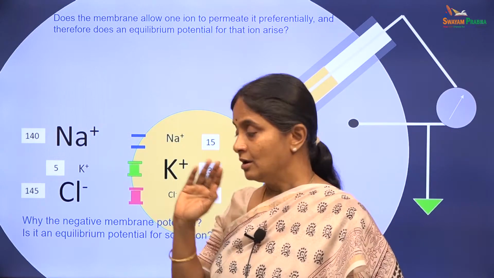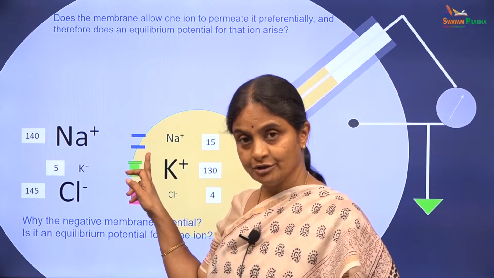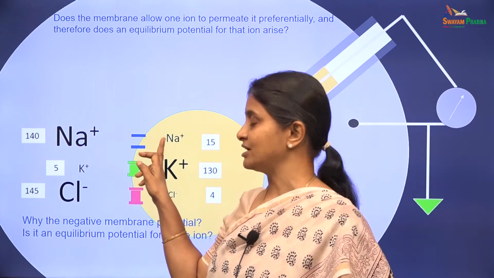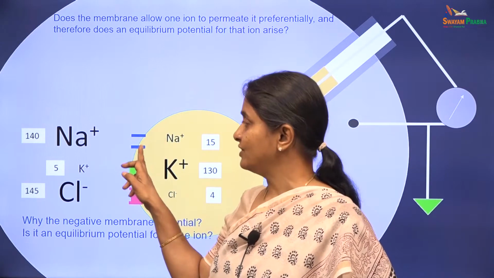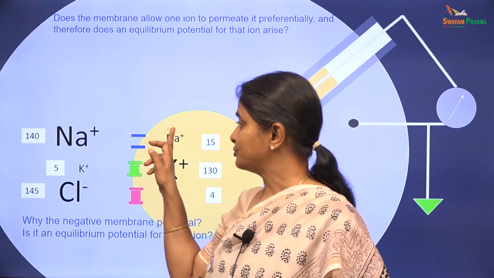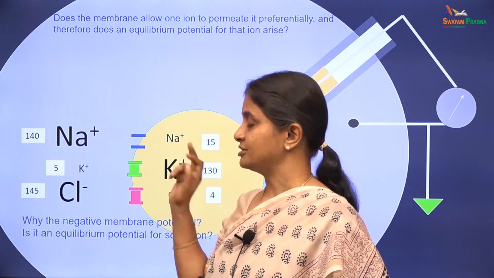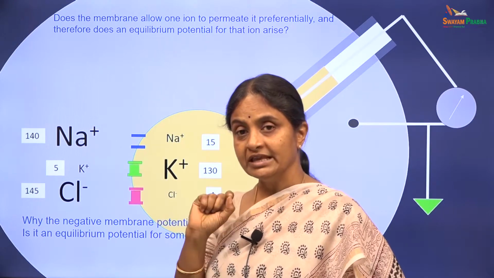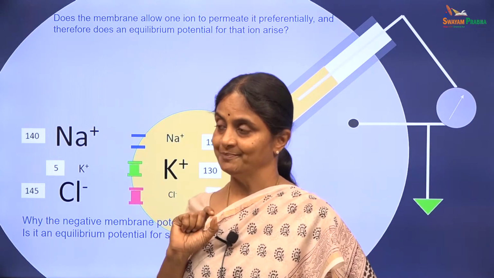So, that potential, we already know it is a positive potential, at which sodium influx would cease even if its channels were open, because that potential balances the concentration gradient. That potential is called the equilibrium potential for sodium.